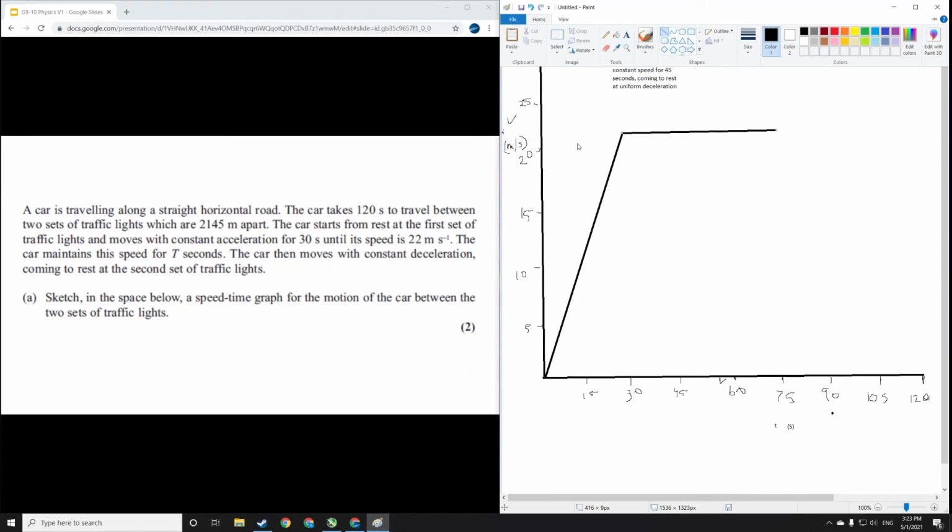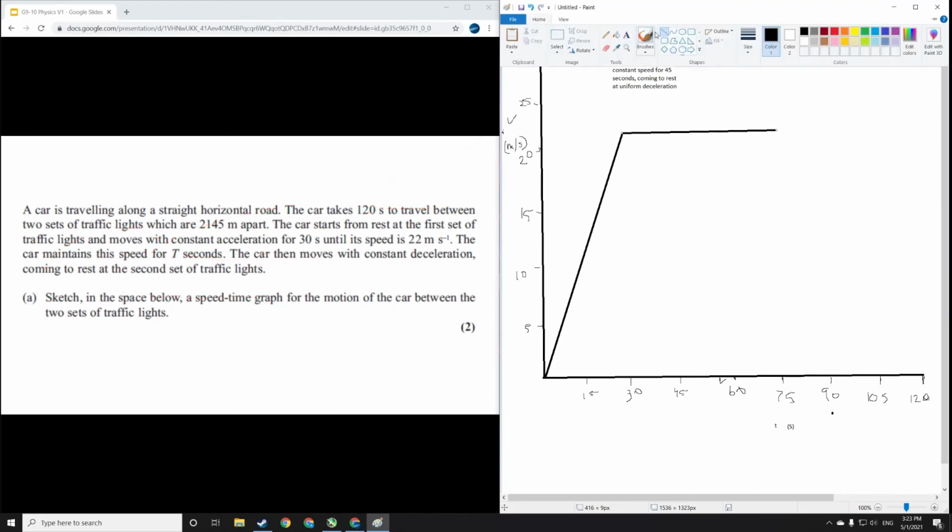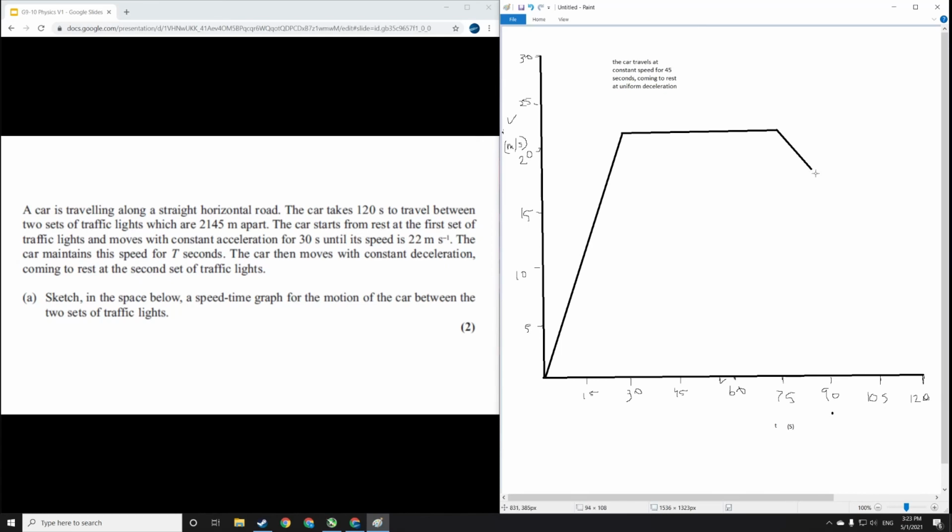And then it comes to rest with constant deceleration at 120 seconds, because it comes to rest at the second set of traffic lights, so it is 120. And so that becomes like so. And that's how you would do that question. We made a slight modification because this would involve suvat later. But yeah, that's how that would look.